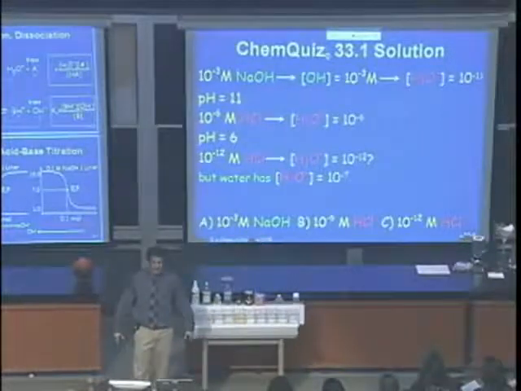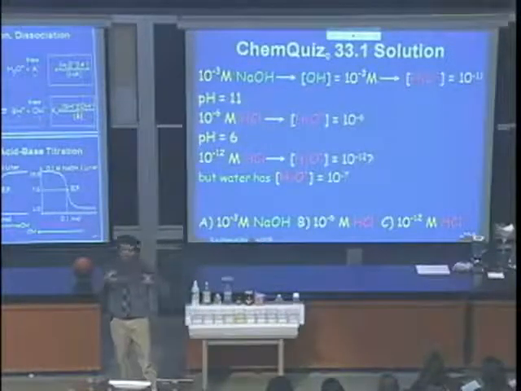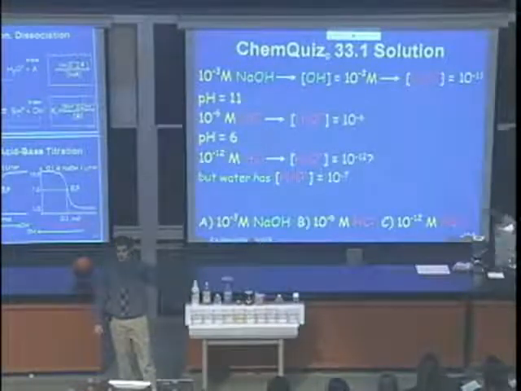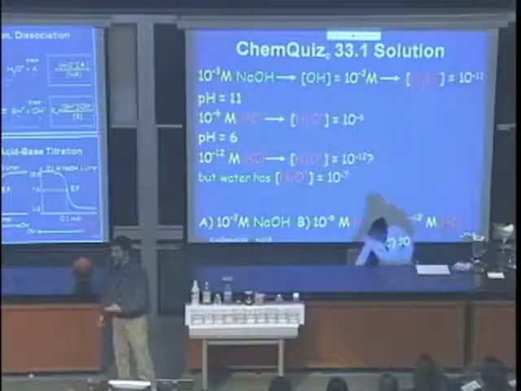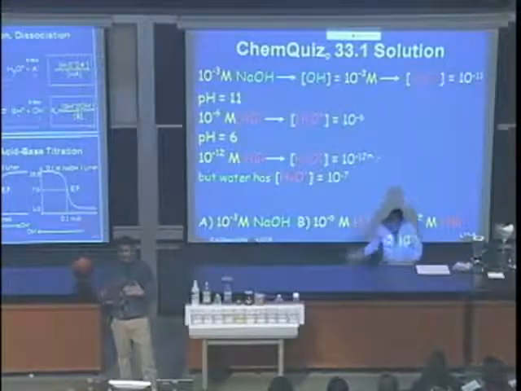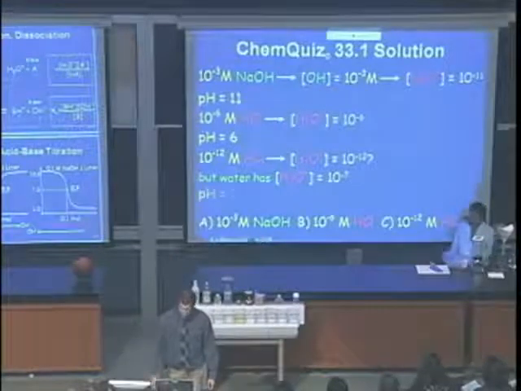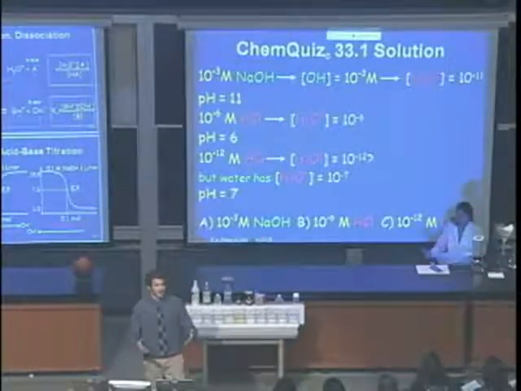So I go from having 1 times 10 to minus 7 moles of H3O plus to 1.00001 times 10 to minus 7 molar H3O plus. So my pH is essentially not affected because I've already got so much in there, right?